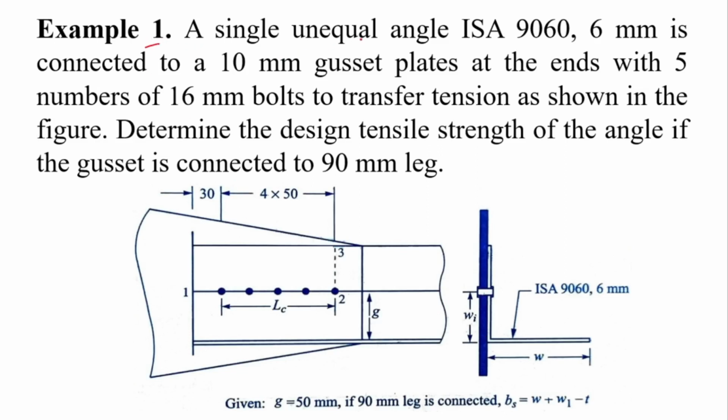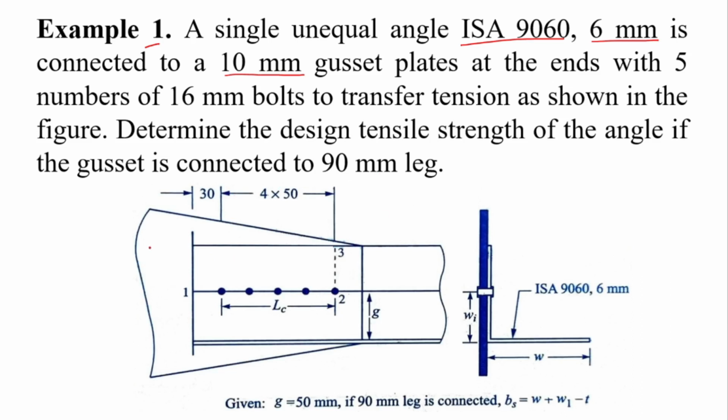A single unequal angle ISA 90-60, 6 mm is connected to a 10 mm gusset plate at the ends with 5 numbers of 16 mm bolts to transfer tension as shown in the figure. Determine the design tensile strength of the angle if the gusset plate is connected to the 90 mm leg.